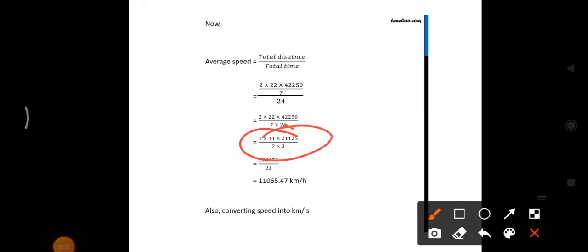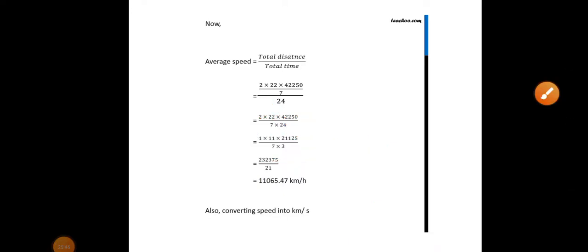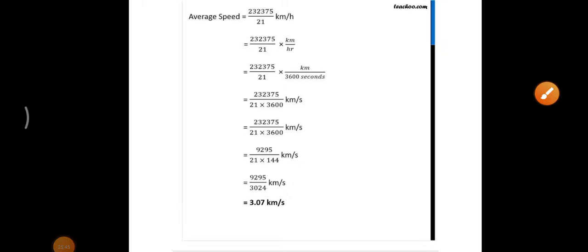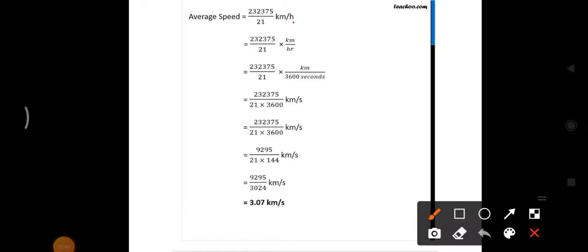When we cancel 12 2s are 24, 1 2s are 2, 6 2s are 12, 11 2s are 22, 3 2s are 6 and 21, 5 2s are 42,250. And here this is converted into meter per second.